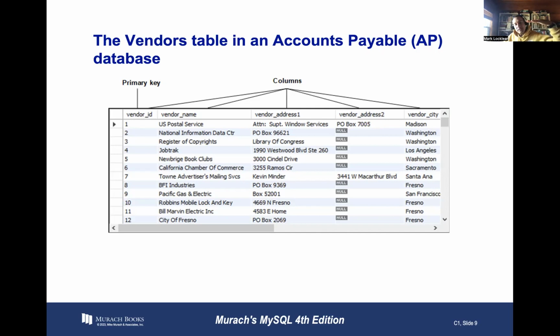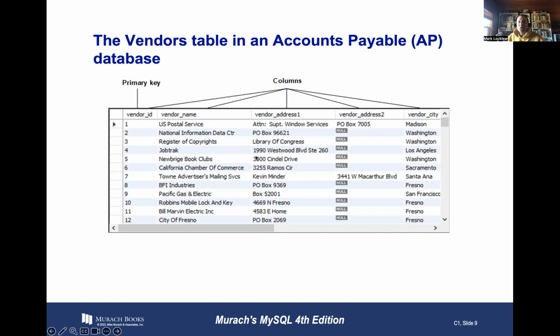And again, I'm probably not doing a good job of explaining that now, but just know that the primary key is important, because each row that you see here, starting from the top, and notice the vendor ID here is just an increment of 1, 2, 3, 4, and so on. Each one of those rows needs to be uniquely identified, because if, for instance, row number 1 here is U.S. Postal Service, notice the vendor name is U.S. Postal Service.